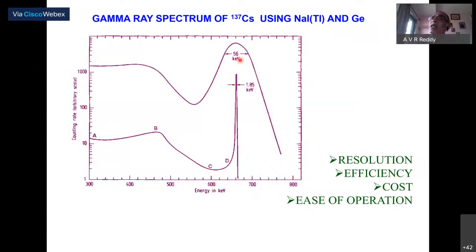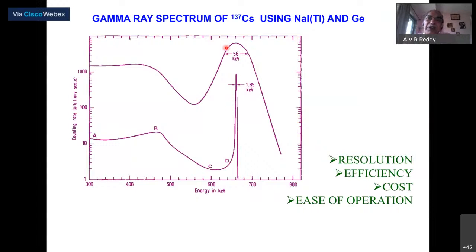Whenever you quote a resolution, percentage is not a good one, but you have to quote the actual value at what energy. That's very important. Whereas the same one, if you use germanium, it is just 1.85 keV. This is the difference. Obviously, if you have two gamma rays nearby with a difference of 3-4 keV, normally twice the FWHM, then you will get two separate peaks.